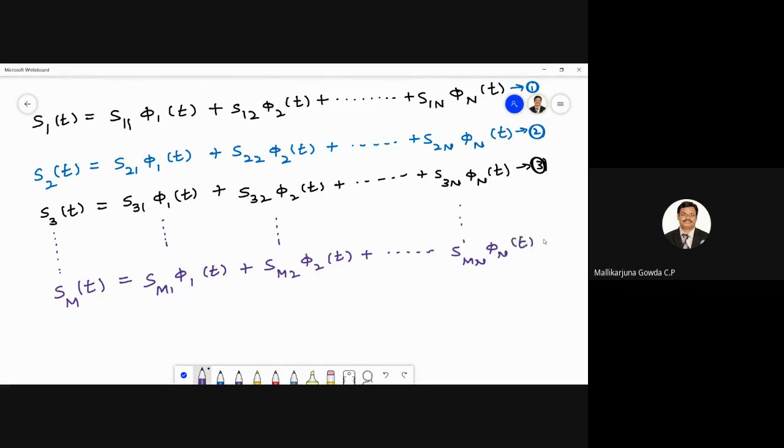Very good. Can I call this equation 4? I have expanded the above equation, which was written in the form of summation, by substituting the value of i as 1, 2, 3, and so on up to M. So I got these M equations.